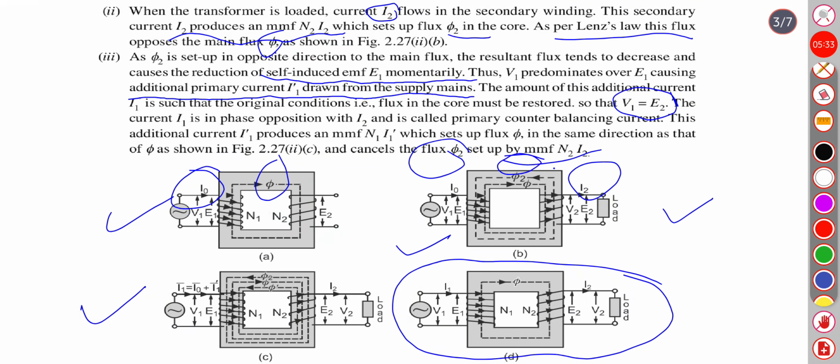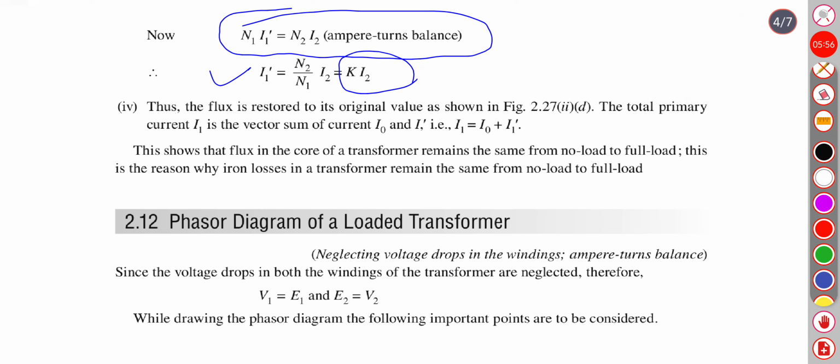Here only flux phi is shown because the flux phi2 produced by the I2 current was cancelled out by the additional current I1 dash supplied from the primary winding. So the resultant flux will become phi again. Thus the flux is restored to its original value.